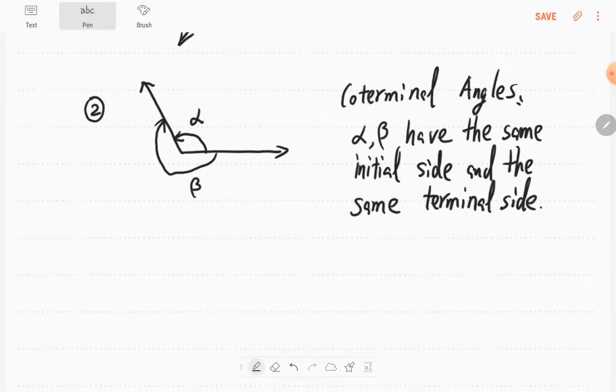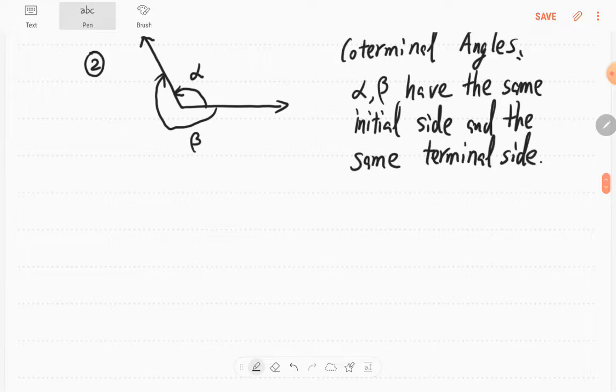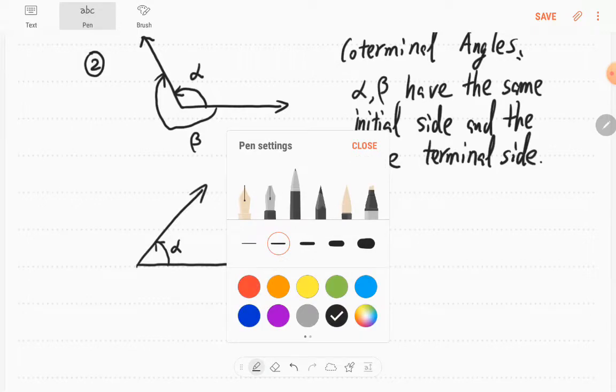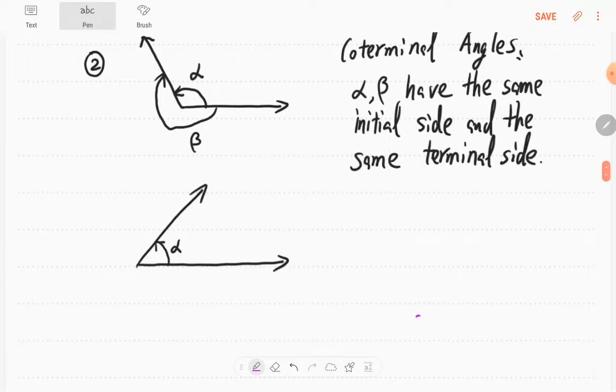You can see that we have many other coterminal angles. For example, if this is alpha, let's find its coterminal angles. You can rotate in the same direction, but one more round. If this is called theta, then alpha and theta are coterminal angles.